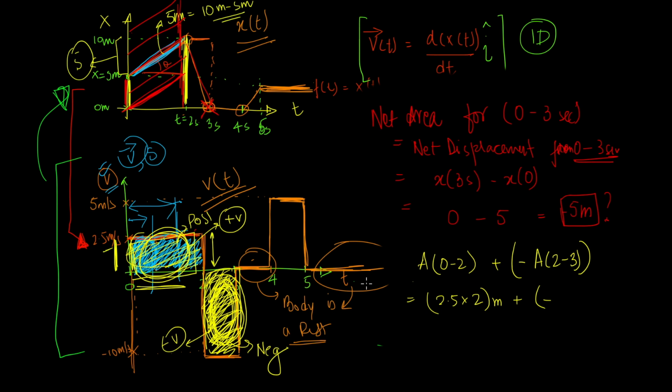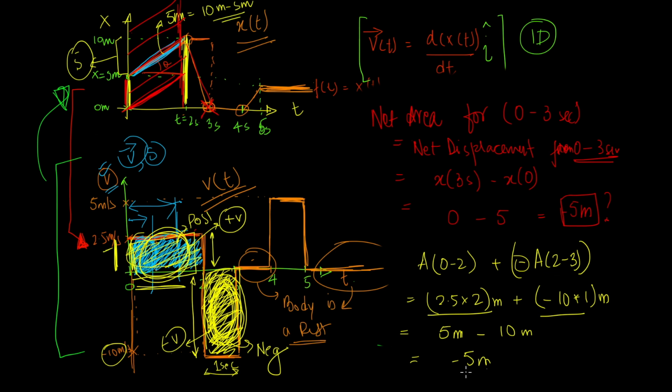Now the area is a scalar and should not contain any signs, but we have already accounted for the sign outside, so we simply need to evaluate the area in positives. The height of this here is, as you would have guessed, 10. So that's the height. And this here is 1, because that's 1 second. That's 10 meters per second times 1 second. So that's still 10. And that again is evaluated in meters. So our net area would be 5 meters from there minus 10 meters from there. And if you evaluate that, it comes out to be -5.